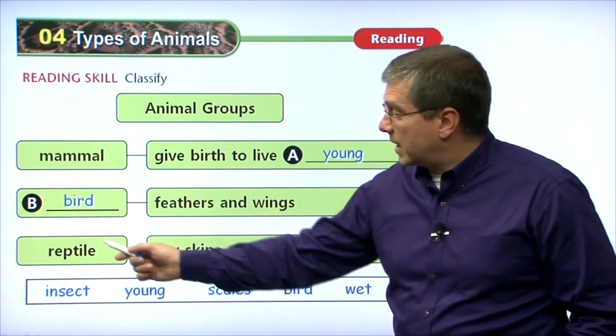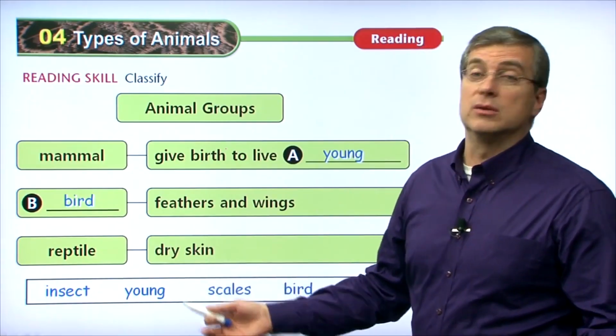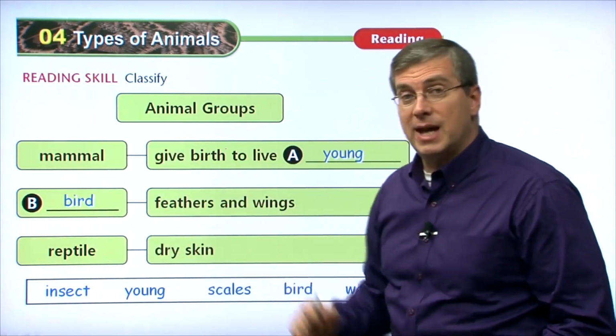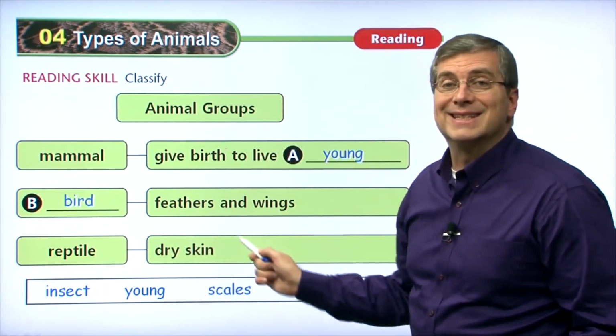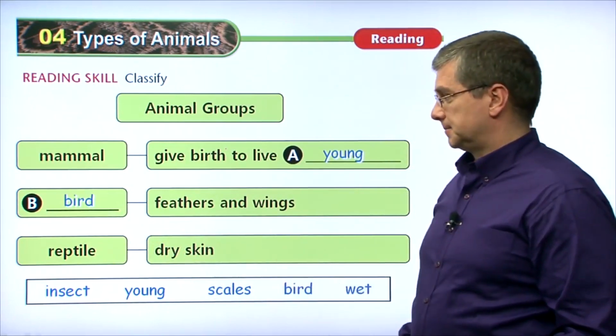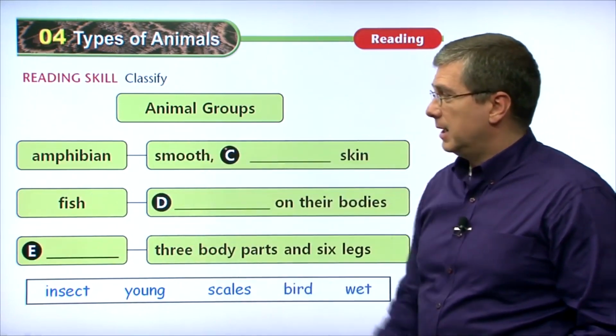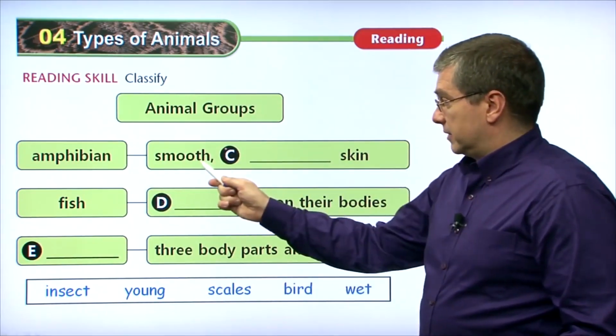Okay, let's look at the last category. Actually, the last category is very easy. It's already done for you. We have the classification reptile, and we have the characteristic about it, dry skin. So reptiles have dry skin. Okay, let's move on. We have the next three. Amphibian is the classification. We have smooth.